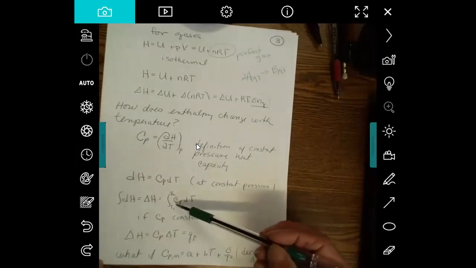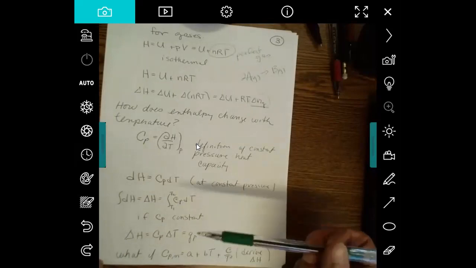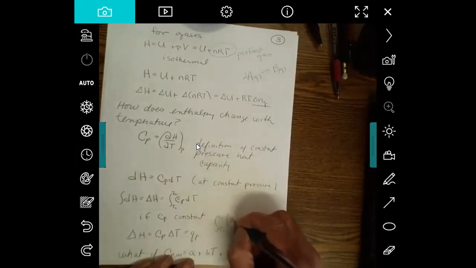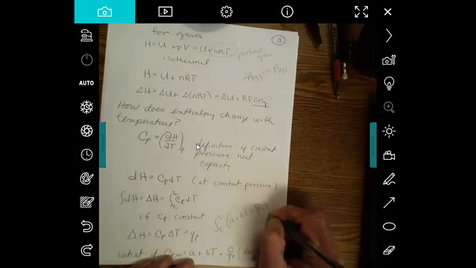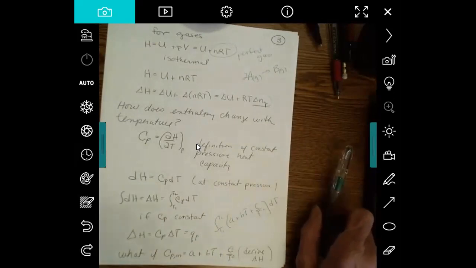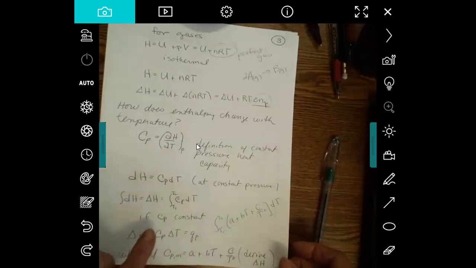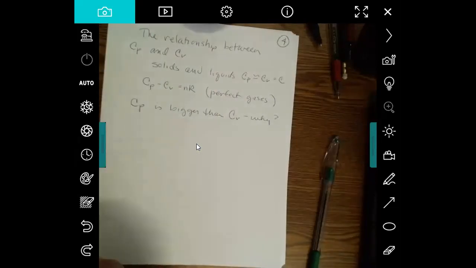Then you'd have to integrate over how it is a function of temperature. So you'd have to say, I need to integrate from T1 to T2, and now I need to integrate how the heat capacity changes with temperature. So not a big deal, but you just have to always make sure that you're checking if the heat capacity is a constant over the temperature range you're at.